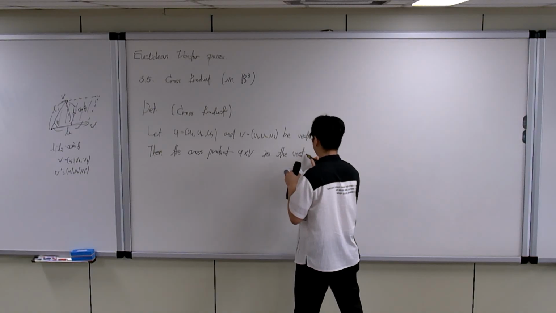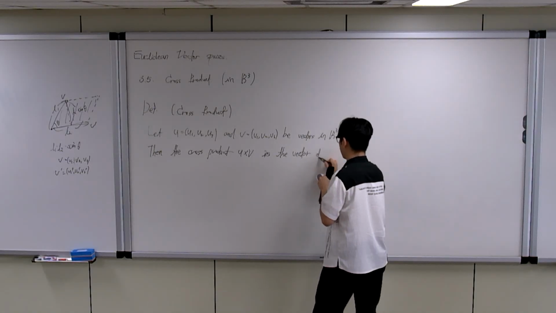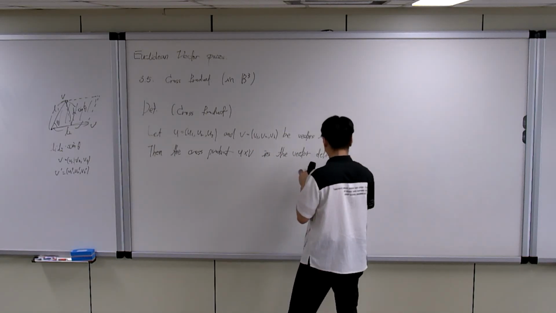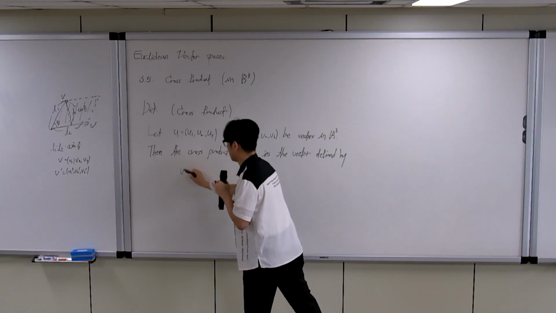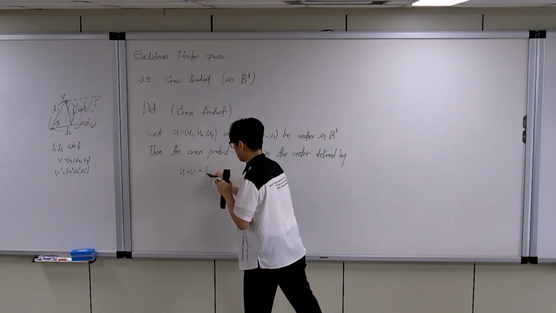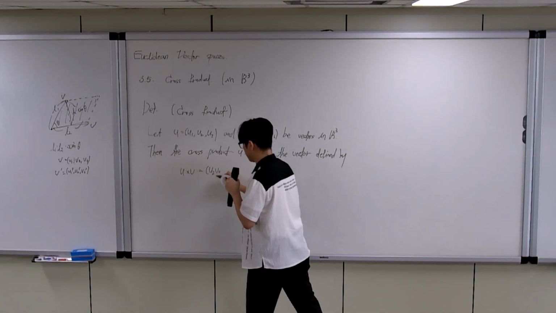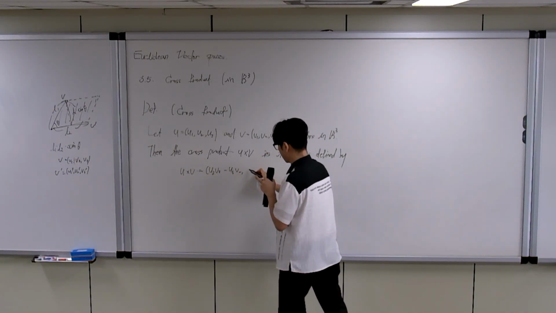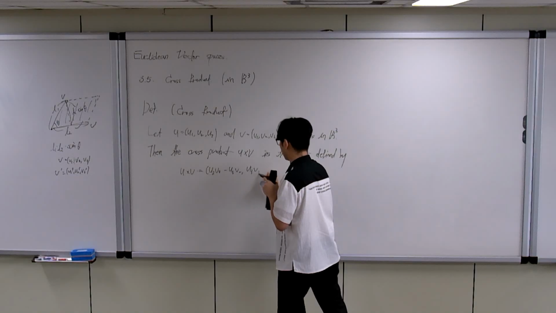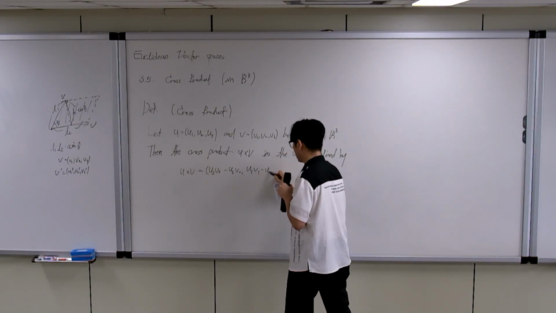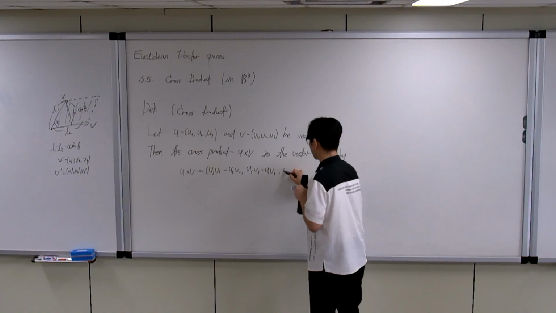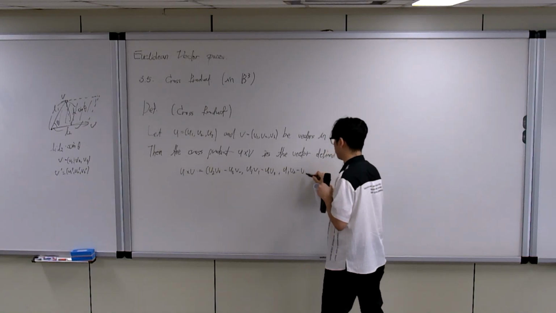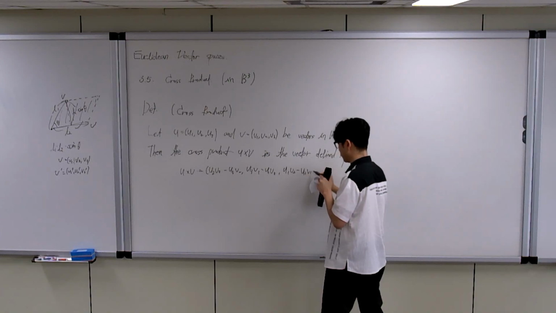The vector is defined by U2 V3 minus U3 V2, and U3 V1 minus U1 V3, and U1 V2 minus U2 V1.